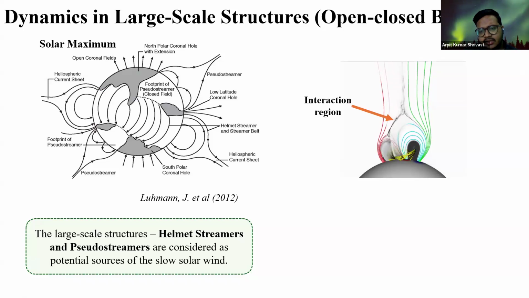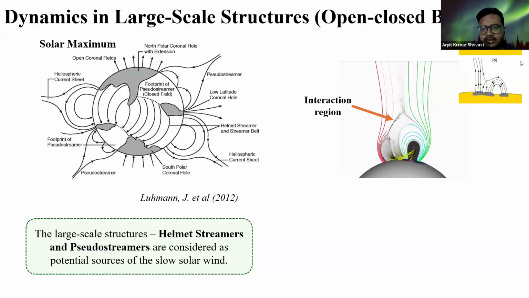And this is an animation by Viall et al., where they have shown how open and closed field lines are interacting. During the interaction, you see reconfiguration happening where the plasma from closed field lines escapes into the heliosphere during interchange reconnection.